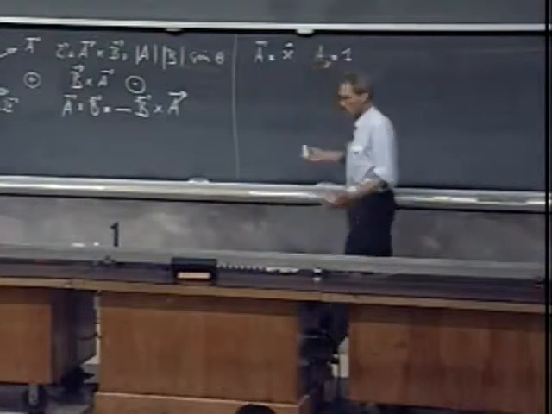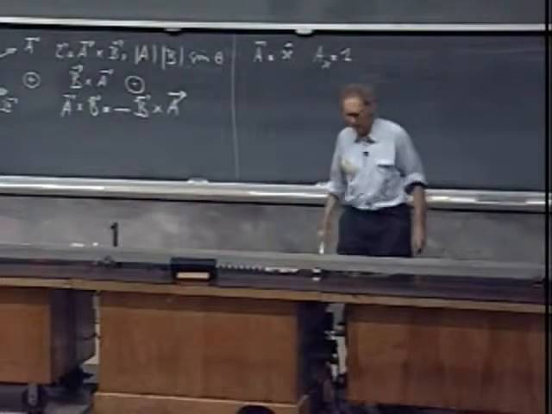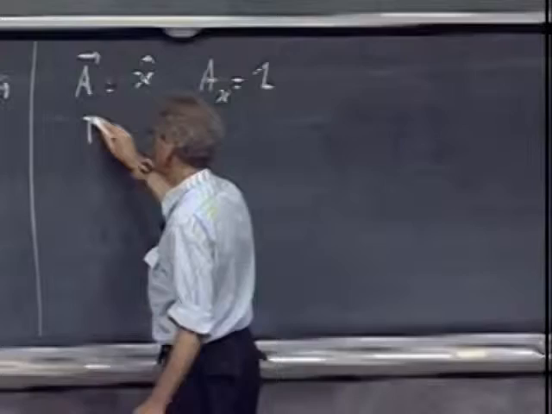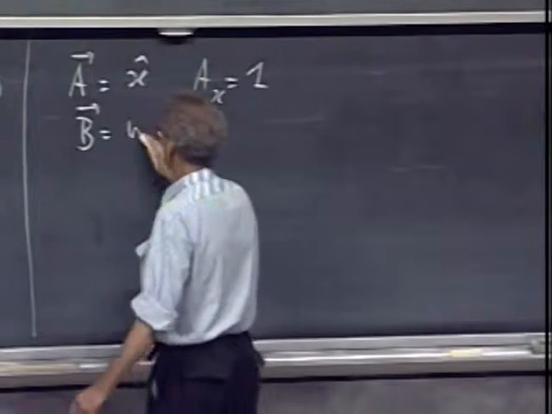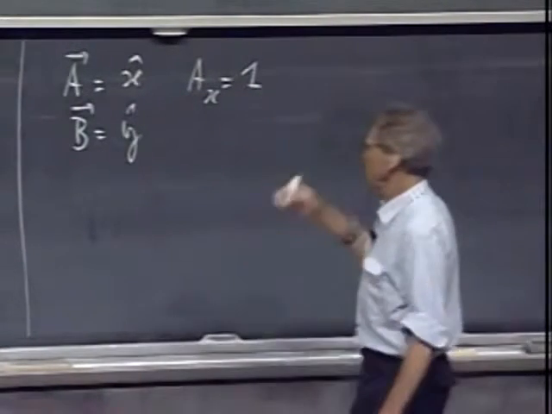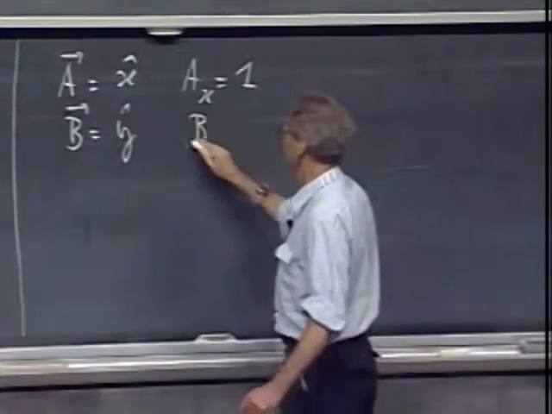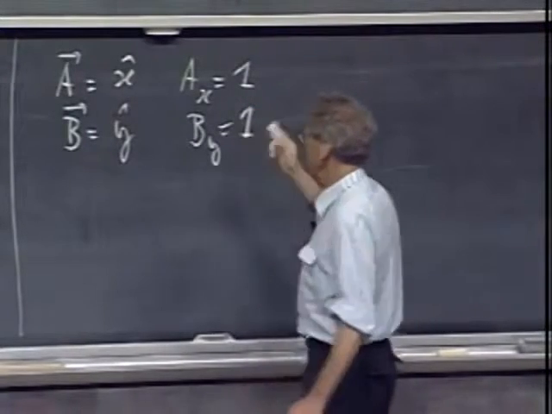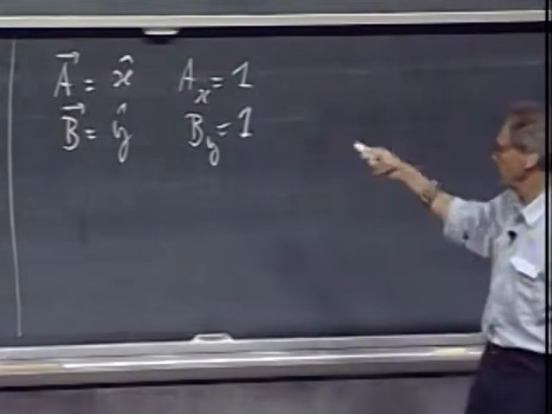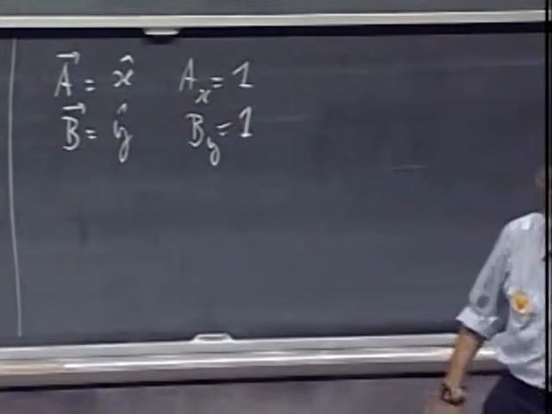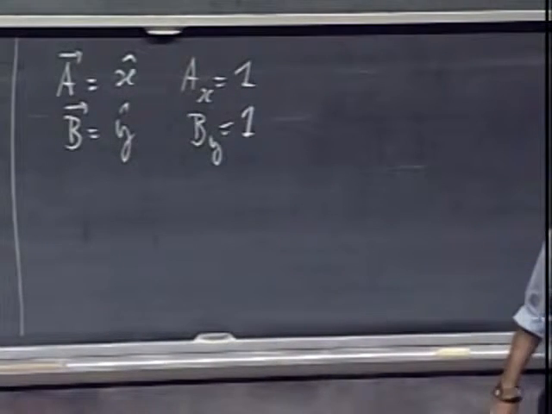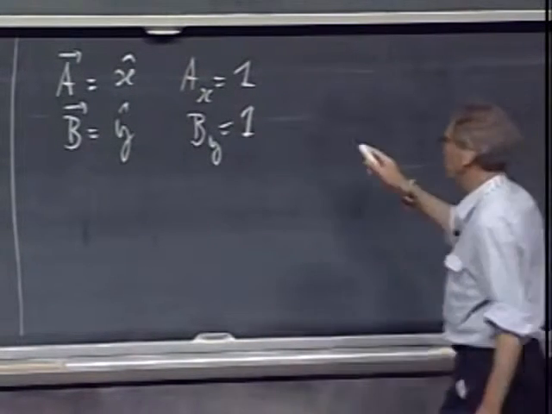And A of y is 0, and A of z is 0. And suppose B is y roof. That means B of y is 1. And B of x is 0, and B of z is 0. What now is the cross product A cross B?